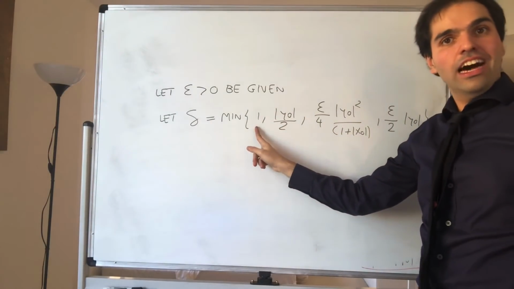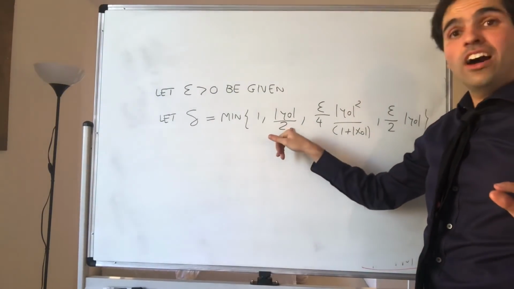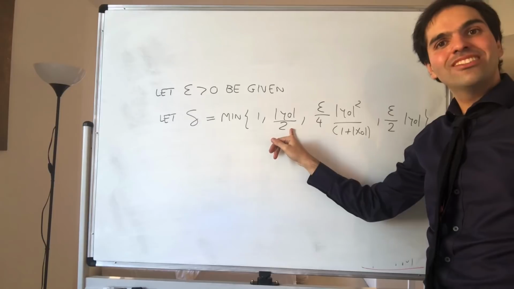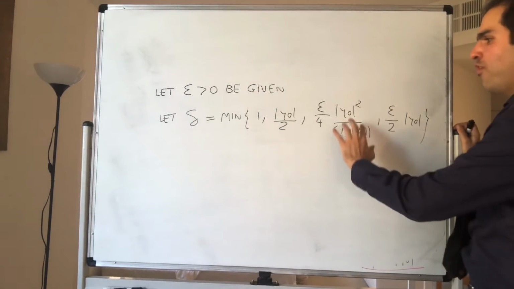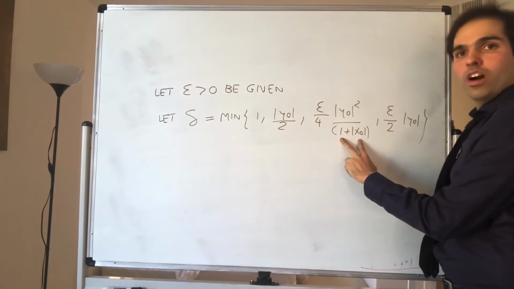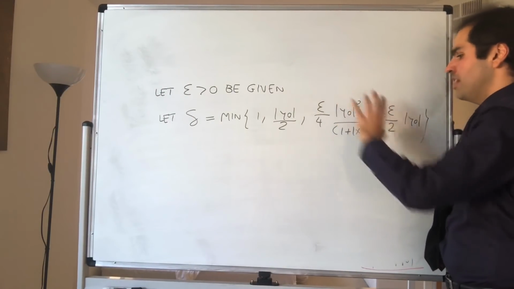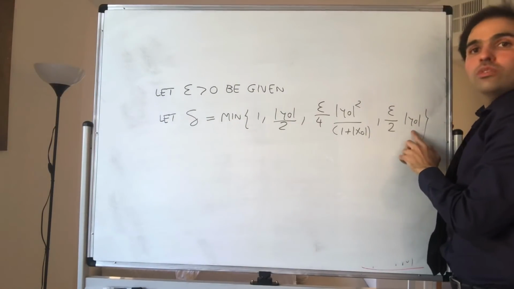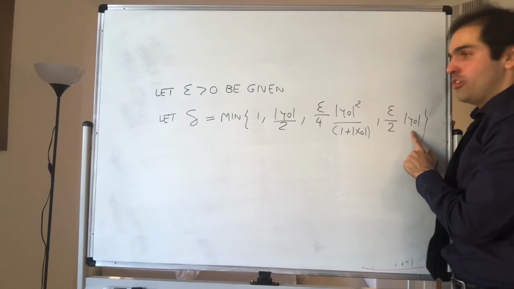That's the thing that allowed us to say |x| is less than |x naught| plus 1. Then |y naught| over 2, that's what allowed us to estimate 1 over |y|. And then epsilon over 4 times y naught squared over 1 plus |x naught|. That's what allowed us to estimate the first term. And then epsilon over 2 times |y naught|. That's what allowed us to estimate the second term.